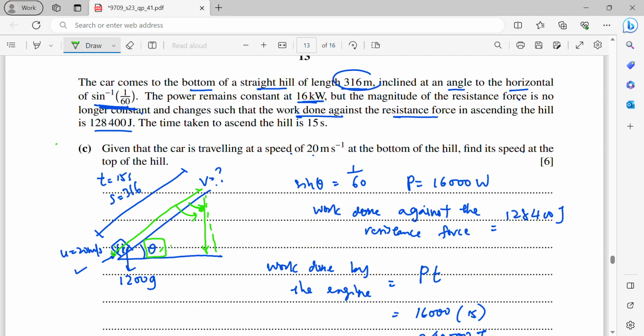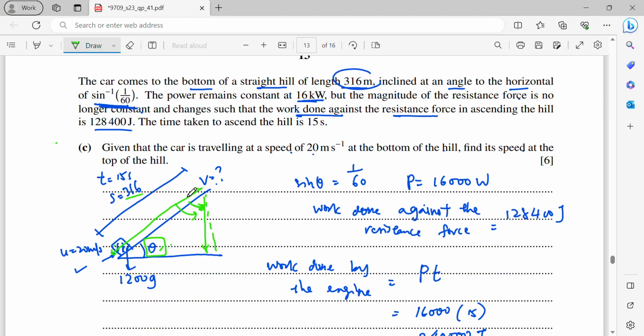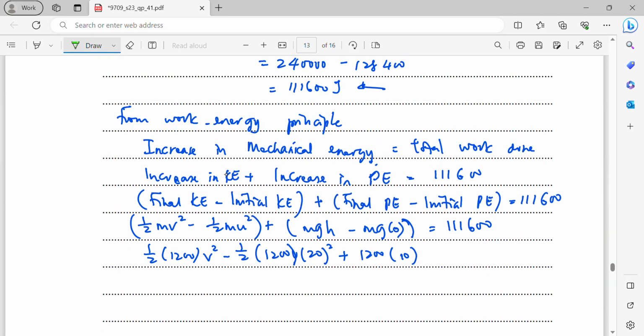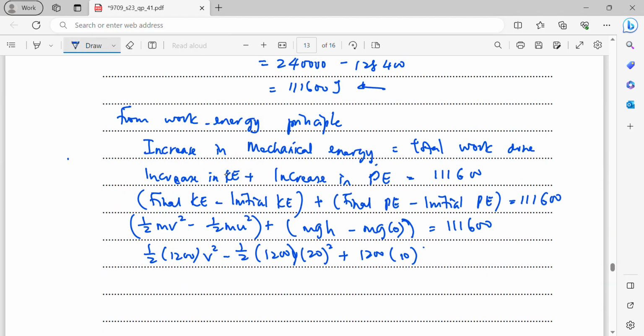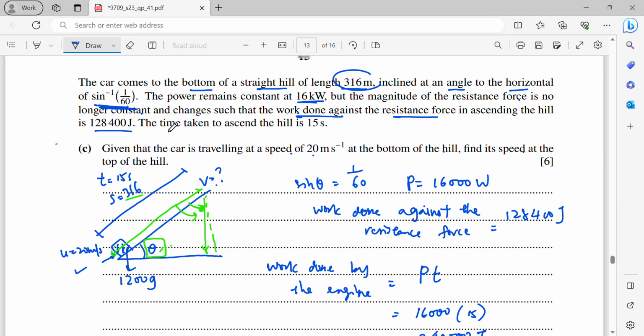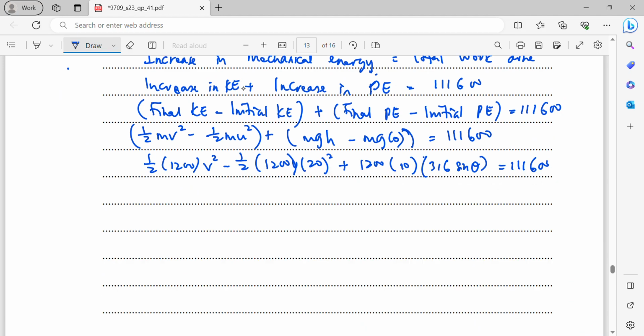So I will write h equals 316 sine theta. So I will get 316 sine theta. Okay, then equals 111,600. Now remember, our sine theta is given as 1 over 60. So then next step, I will replace the sine theta by 1 over 60.